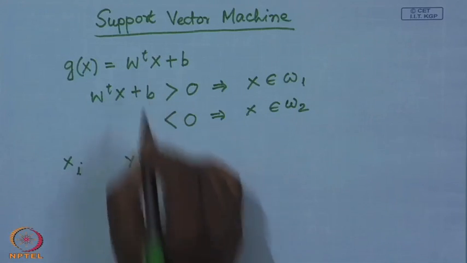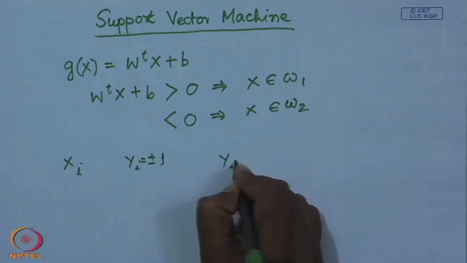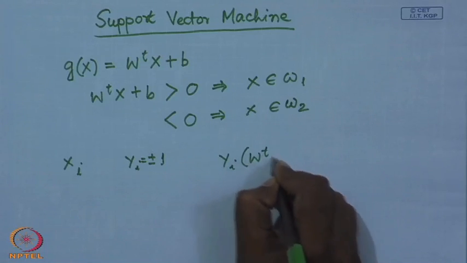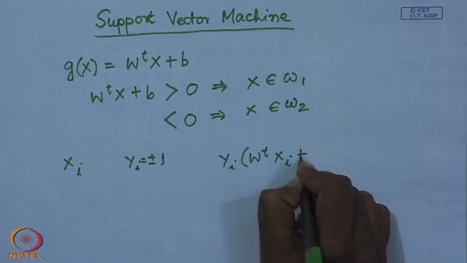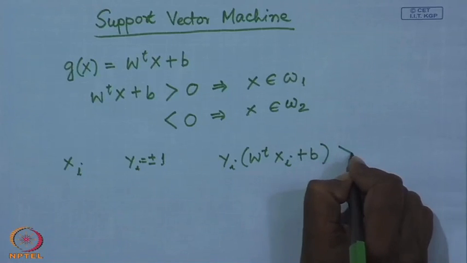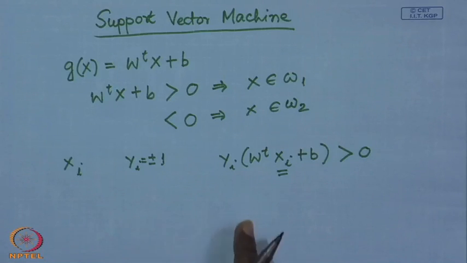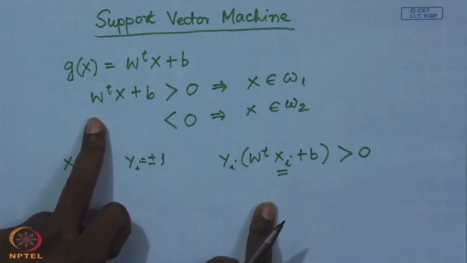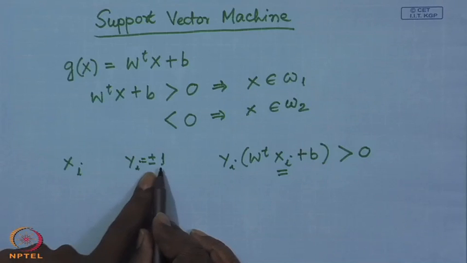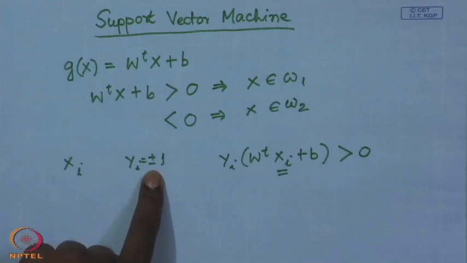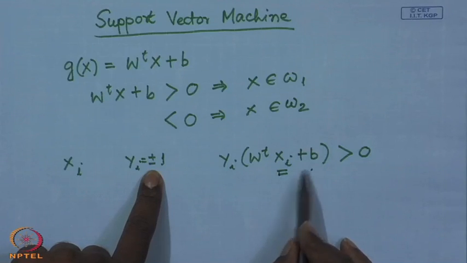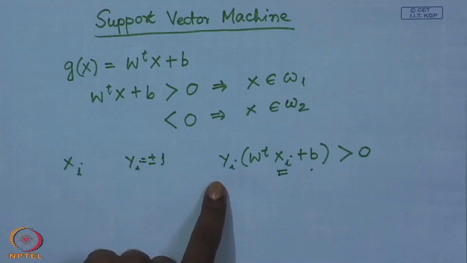In that case, y i times w transpose x i plus b will always be greater than 0 if the sample x i is properly classified, which is quite obvious, because if I say that y i equal to plus 1 for a sample x i which belongs to class omega 1, and for a sample which belongs to class omega 1, this w transpose x i plus b is greater than 0, y i is also positive.